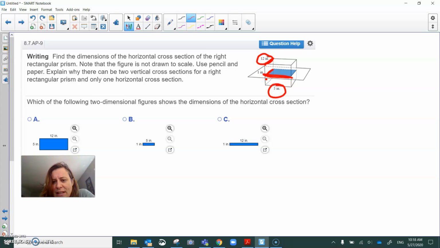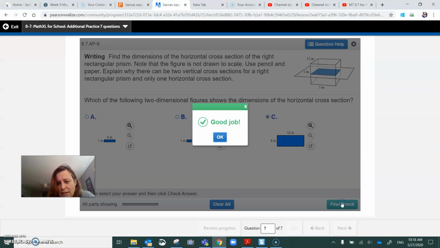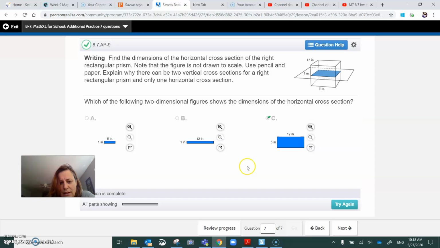So I think that rectangle is 5 inches by 12 inches. I think that this 1 inch is actually the height of the whole thing, obviously, not drawn to scale. So I think it's 5 by 12. Not totally sure though, so let's check. 5 by 12? Okay, phew.